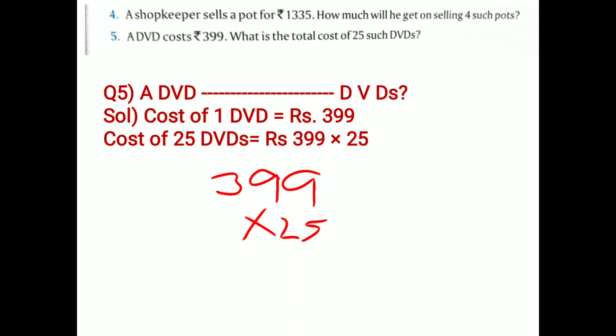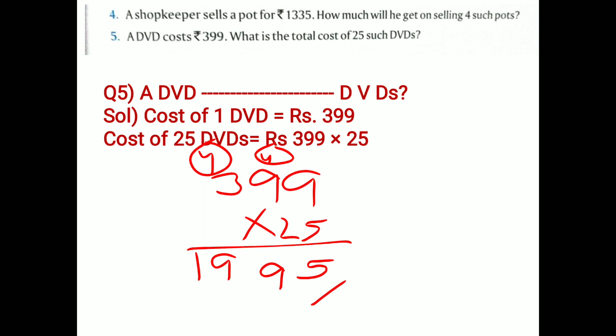So firstly we do with 5. 5 9s are 45. 4 goes on 9. 5 9s are 45, then again 4 goes on. 3 and 9 you will write, because 45 plus 4 is 49. 5 3s are 15. 15 plus 4 is 19. Then 2 9s are 18. Then 2 9s are 18 plus 1, 19. Then 2 3s are 6 plus 1, 7.